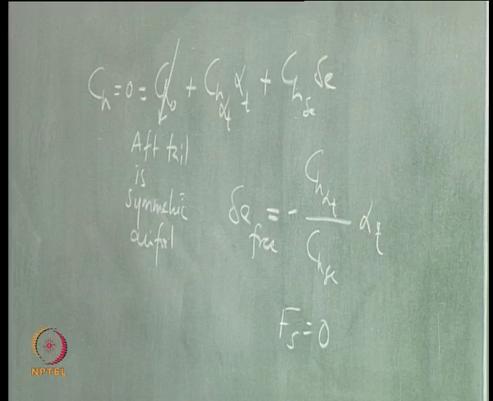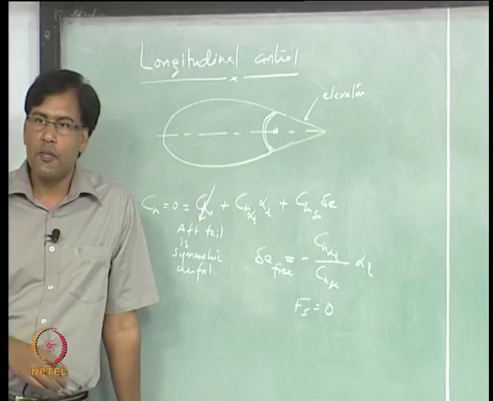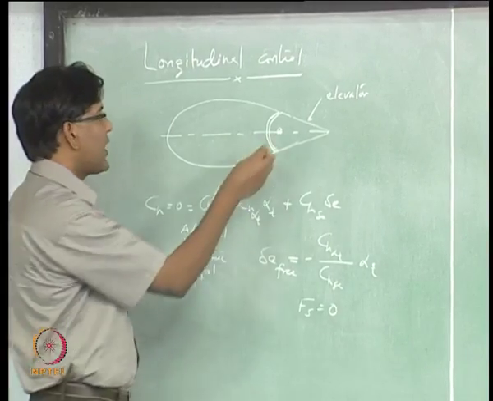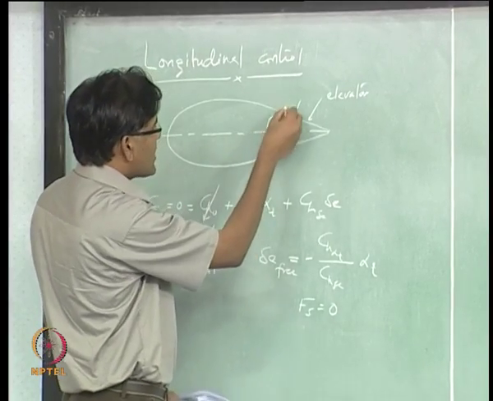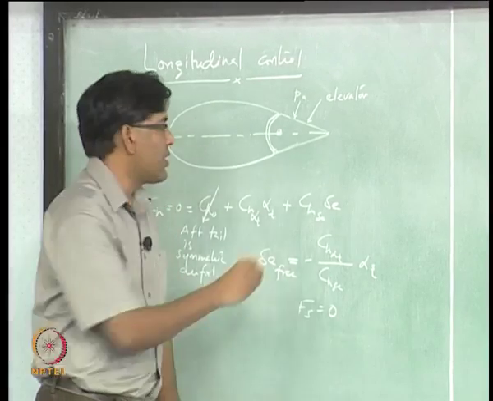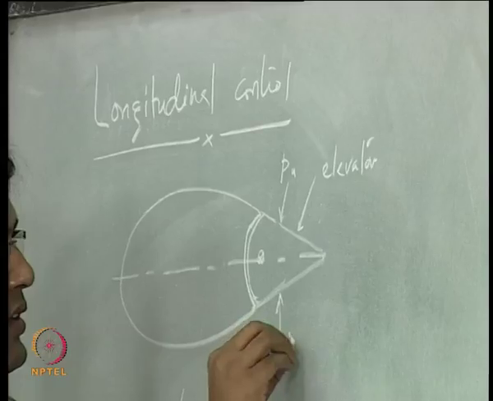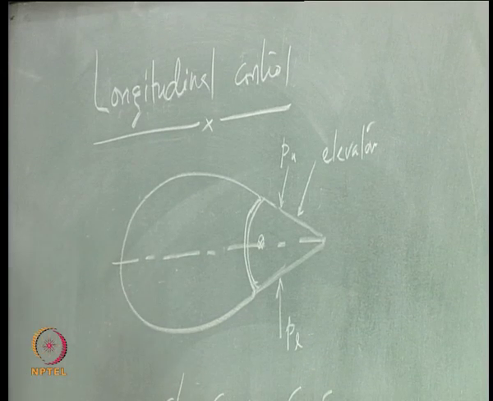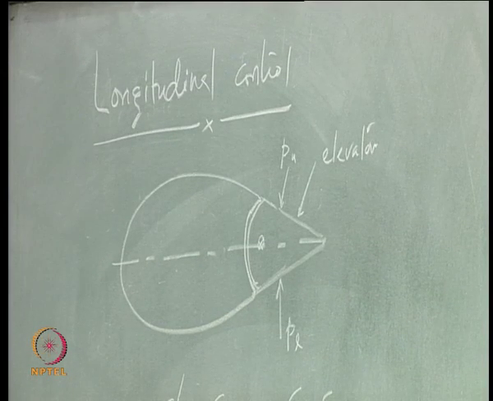right. So, where is this aerodynamic moment or the hinge moment coming from? It is coming from the pressure distribution, right. So, if I call this, only on this part, only on the elevator, this as Pu and this as Pl, right.